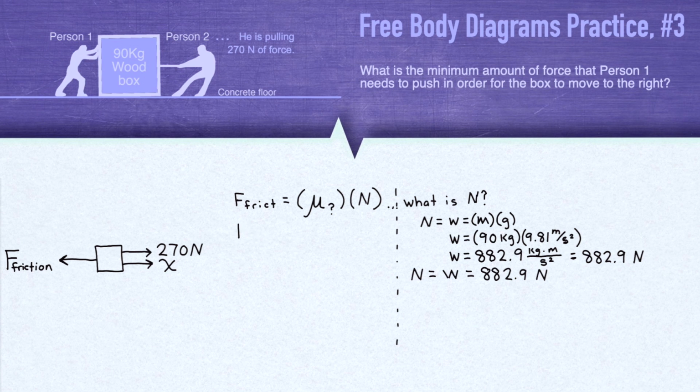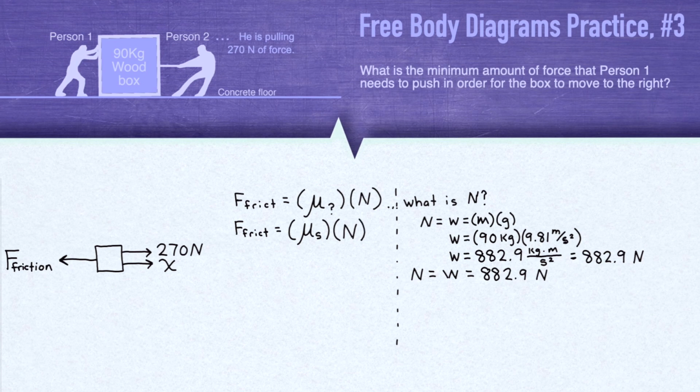So this mu subscript question mark, I'm going to change to a mu subscript s, because I know that it's going to take more force for the box to break free and overcome static friction than it is for kinetic friction.